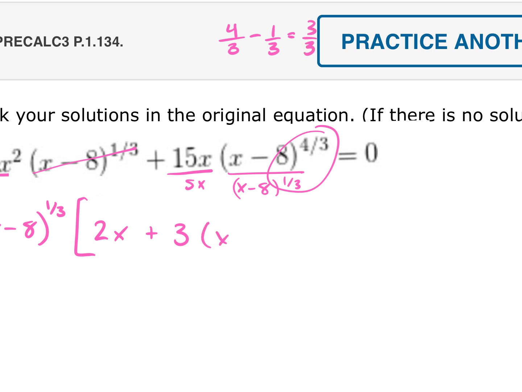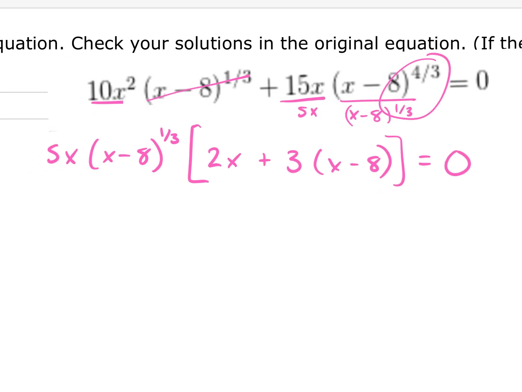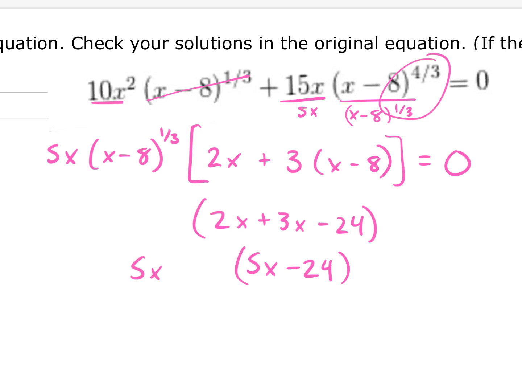So this would be x minus 8. We can simplify in our brackets here. So 2x plus 3x minus 24 would be 5x minus 24. And then we have 5x and x minus 8 to the 1/3 on the outside. What can we do next?